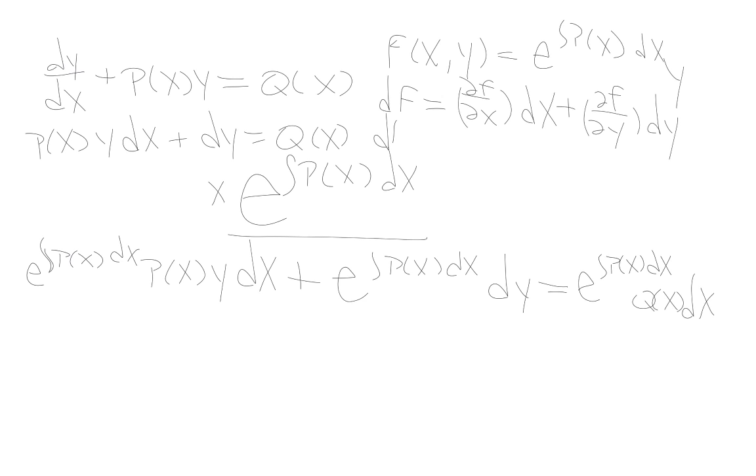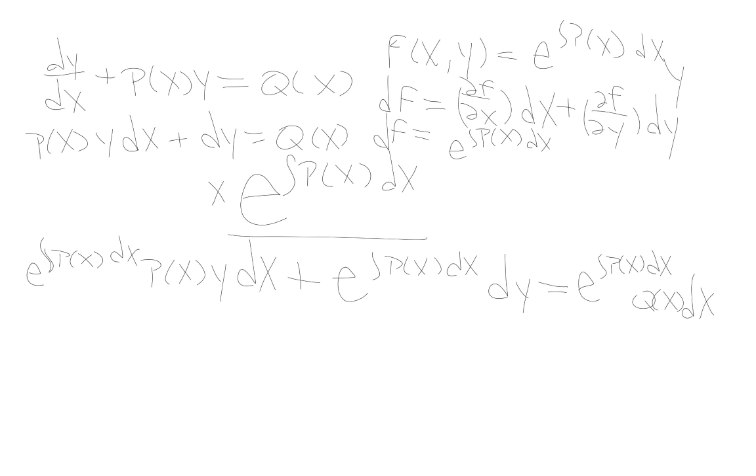So df in this case would be equal to, what's the partial of f with respect to x? Well, the derivative with respect to x of e to some function, say u(x), or in this case the integral of P(x), it'd be e to the power of that function times the derivative of whatever e is being raised to.